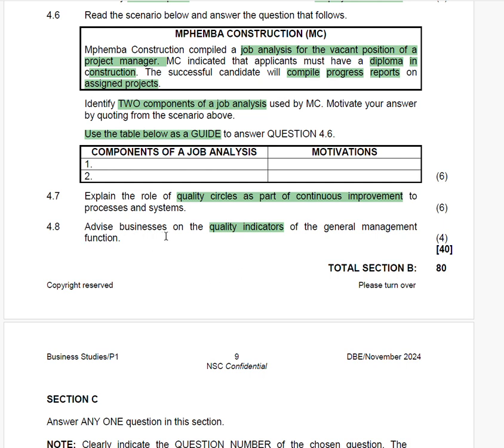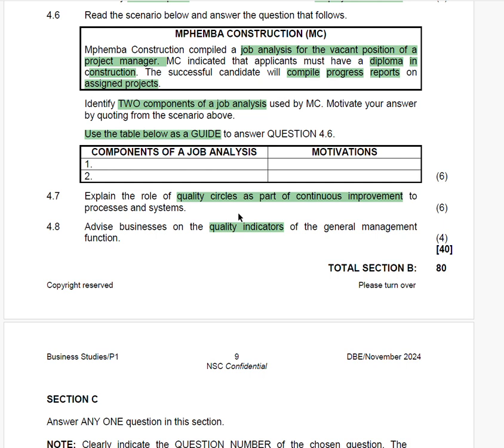4.8, advise businesses on the quality indicators of the general management function. So now, if you had to advise someone about the quality indicators of the general management function, what kind of things would you advise them to do? Effective strategic planning when it comes to developing, implementing, and monitoring any strategies in the organization. Efficient allocation of the resources.